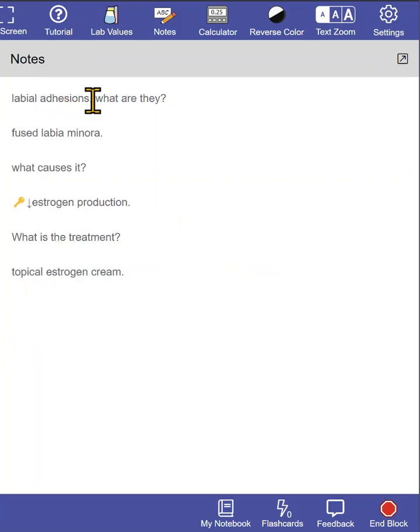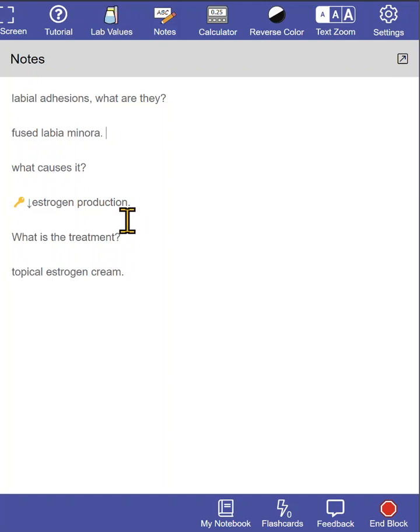So labial adhesions, what are they? They're fused labia minora at the inferior, I should say posterior, part. It's from decreased estrogen production.